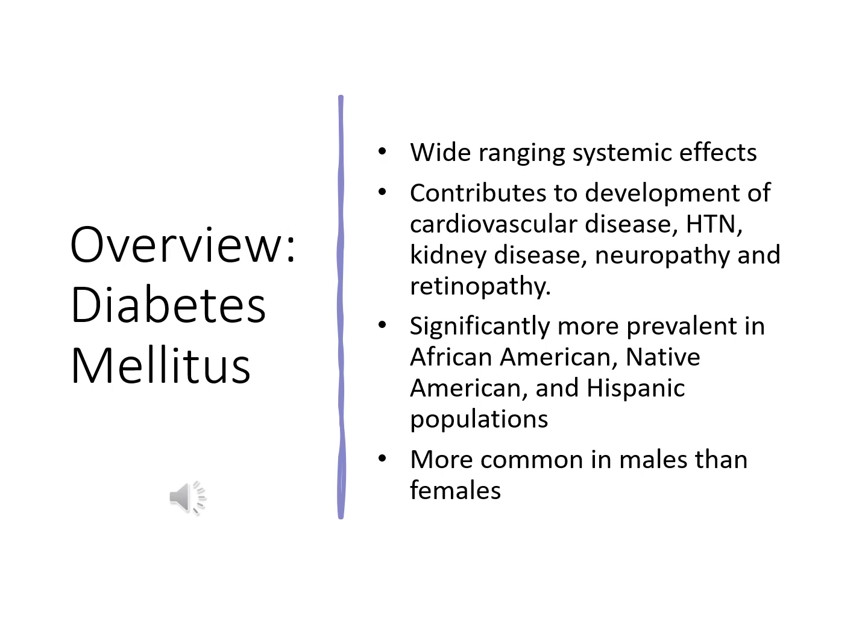It is more common in our African American populations, Native American and Hispanic populations, and is a little more common in males than females. There's certainly a genetic component to this, but what you need to understand is that even if your patients aren't necessarily feeling symptoms and they don't feel bad with this diagnosis, it still needs treatment and monitoring and measurement to make sure that we don't have this additional damage.